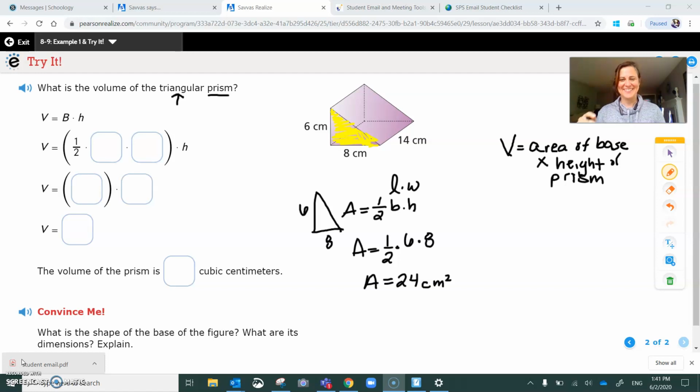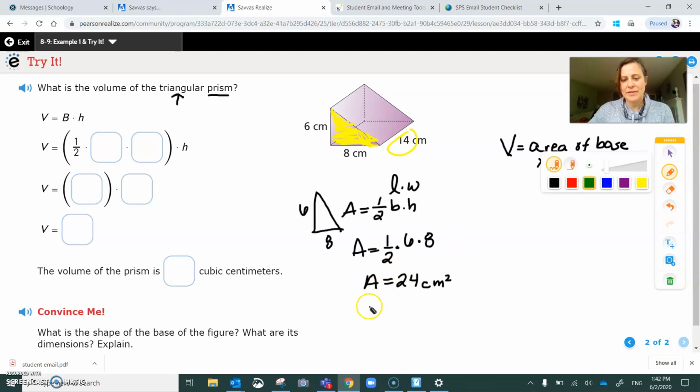Okay. So the bottom layer of this cake is 24. And that's going to happen 14 times on the way up. And I'm getting that 14 because of this 14 right there. That's the height of the prism. So if we put all of this together, the volume is going to be the area of the base, which was 24, times the height of the prism, which is 14.